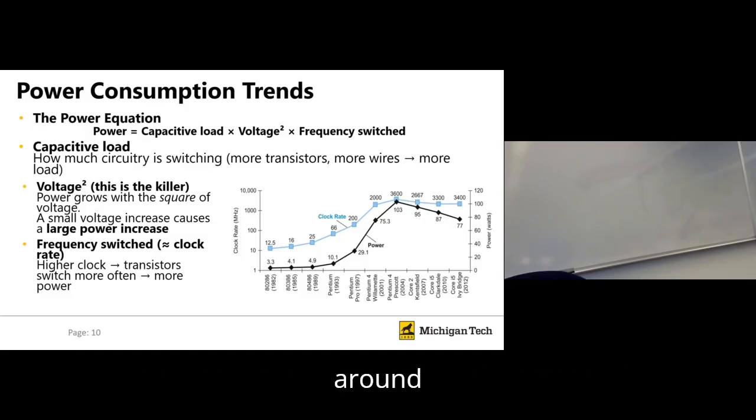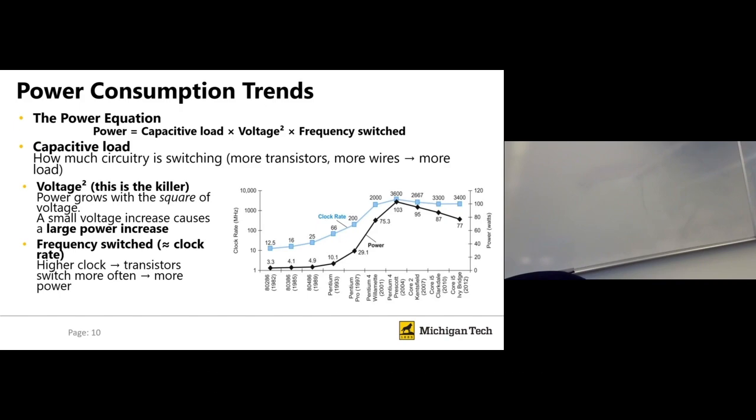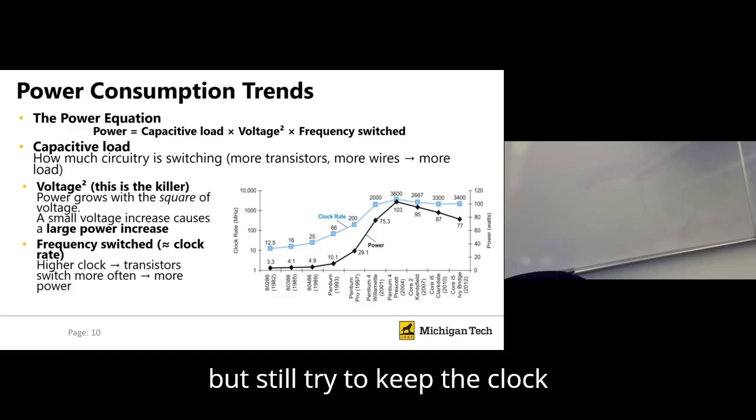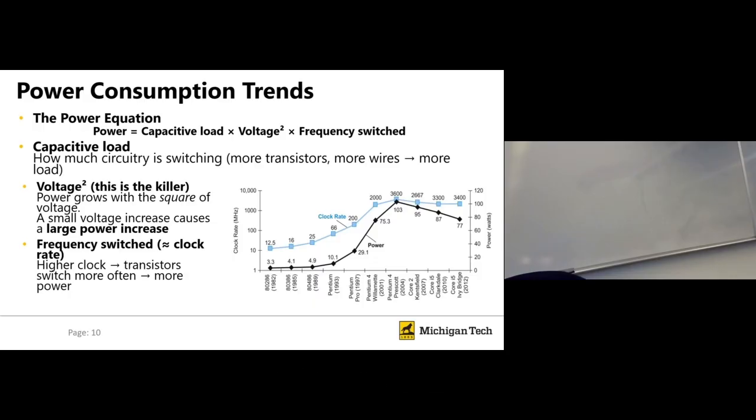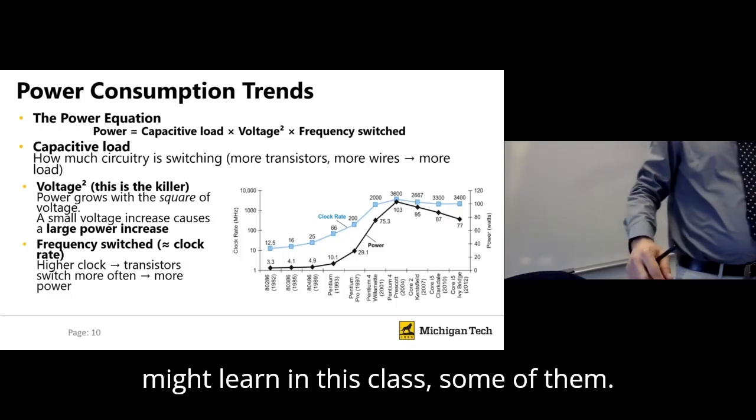This happened around 2005, 2006. After that, they tried to decrease this power, but still keep the clock rate about the same with different techniques that we might learn in this class, some of them.